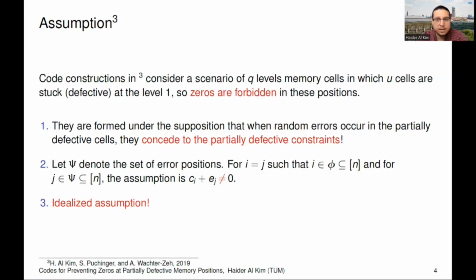For n cells, the assumption in this work was that for any codeword at position i, the partially defective position, plus the error vector at this position, which is j, with j equal to i, is not 0. This is just an assumption, an idealized assumption.